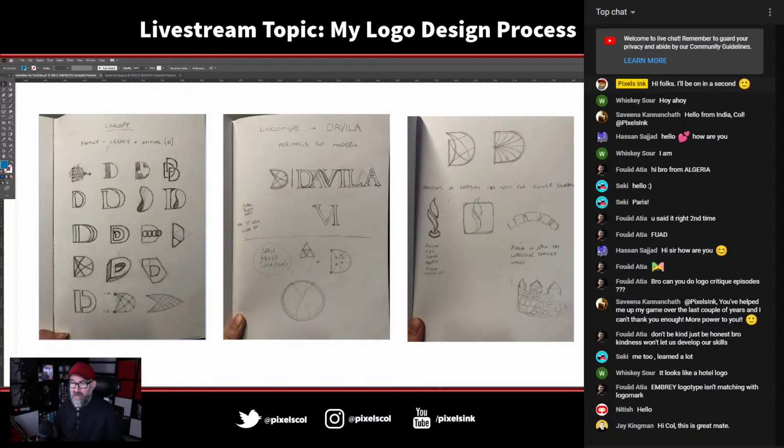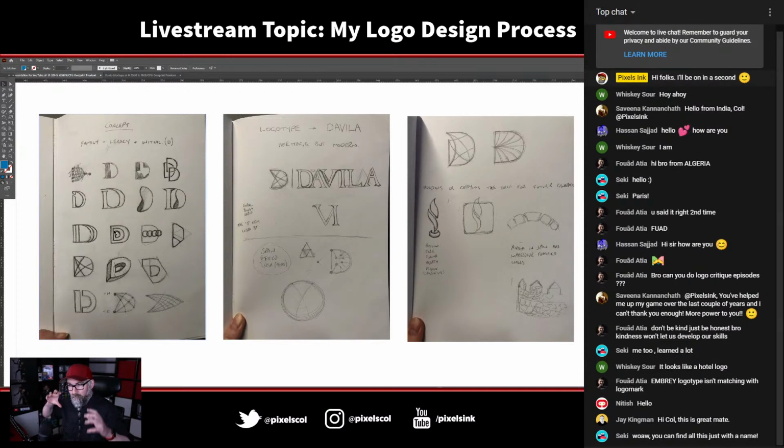Not always going to be great, and that's the whole point of sketching, you get all the crap out of the way. You just draw, because it's pretty much guaranteed that for the first hour of sketching, you're going to do the obvious stuff, the stuff that everyone else is going to be sketching. So you keep on sketching until you start to get a bit stuck, which means you then have to think harder and think about ways of doing things.